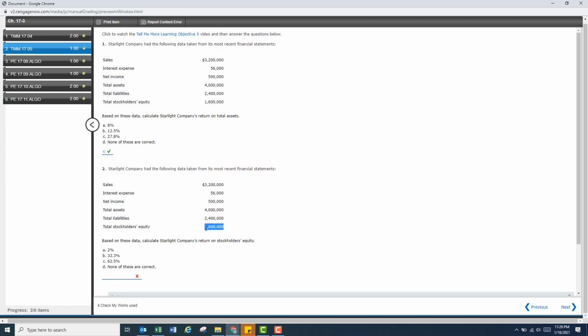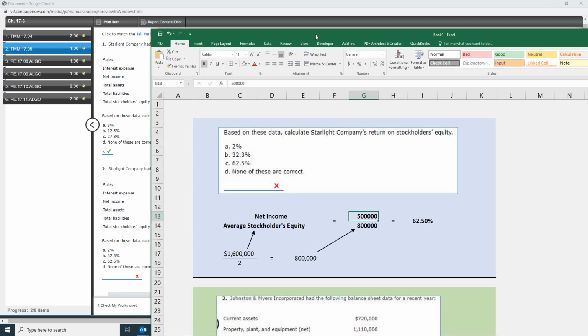Ending balance. But where's the beginning balance? We weren't given that information. And if we're not given that information, the beginning balance could be assumed to be 0 then. Okay, so 0 plus 1.6 million divided by 2.